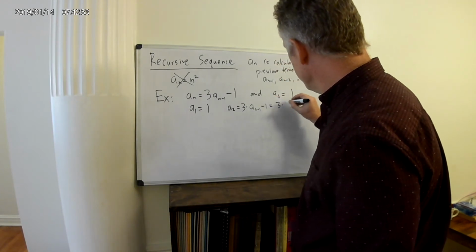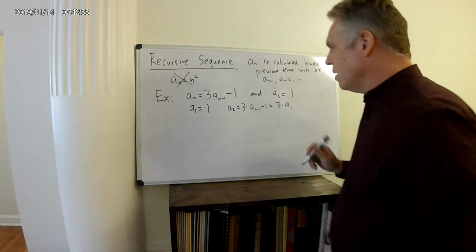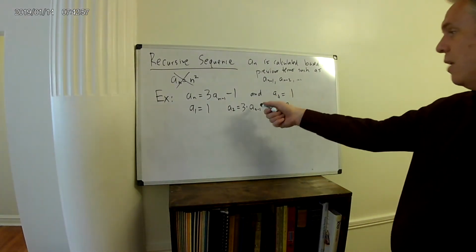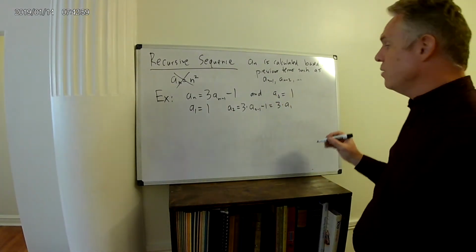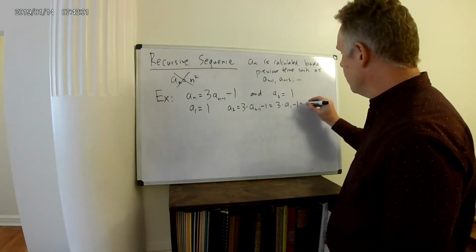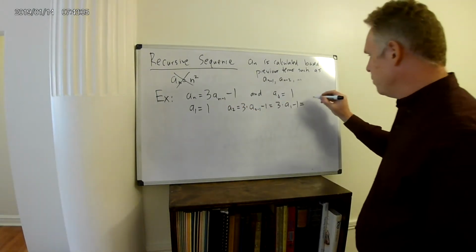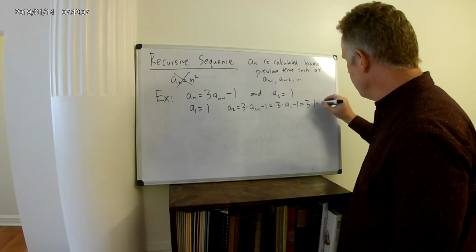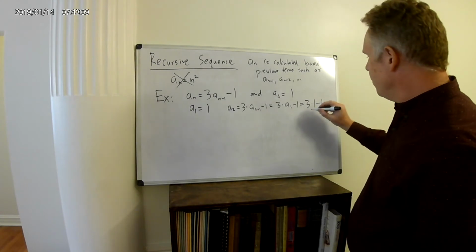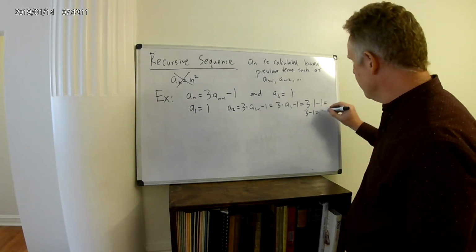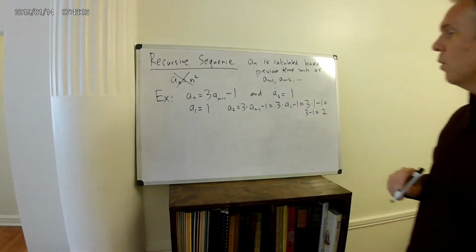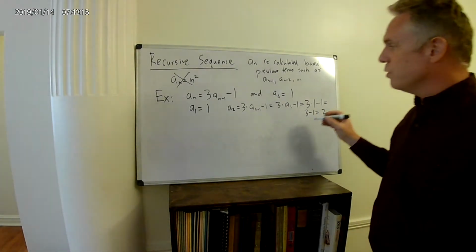So this equals 3 times a sub 1. The previous term to a sub 2 is a sub 1. Well, what is a sub 1? We already know it. It's 1. So this is 3 times 1 minus 1, which equals 3 minus 1 equals 2. So the second term, a sub 2, is 2.